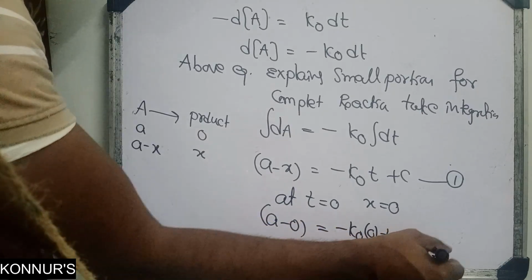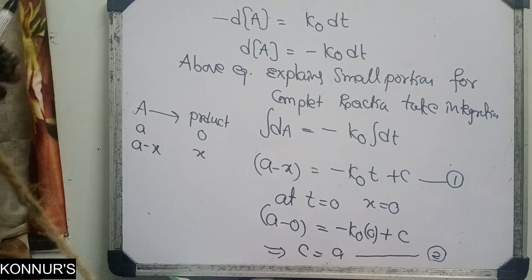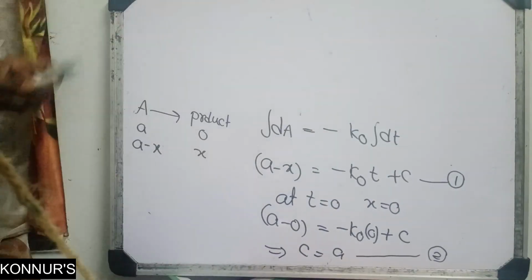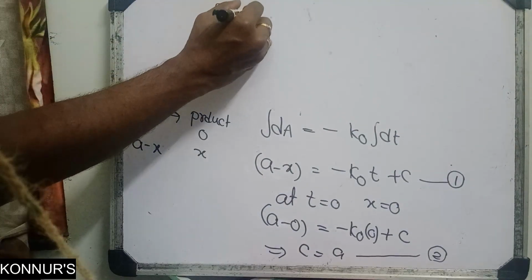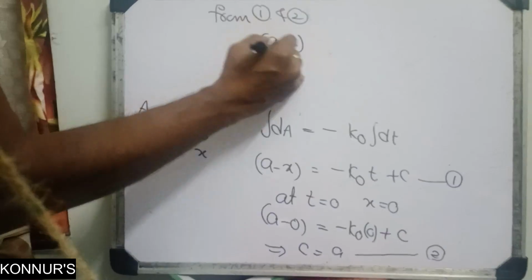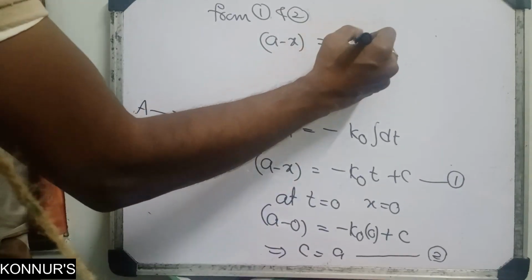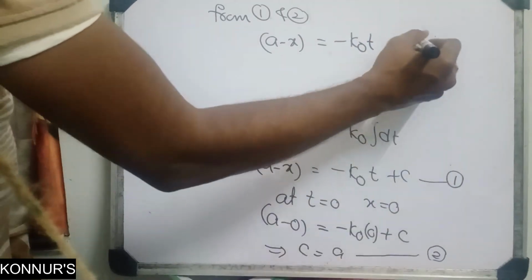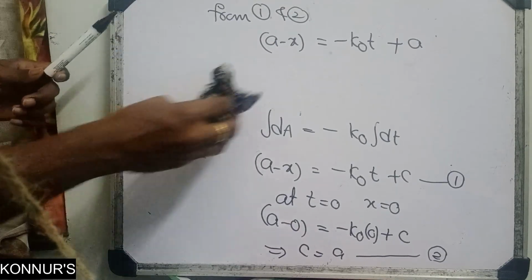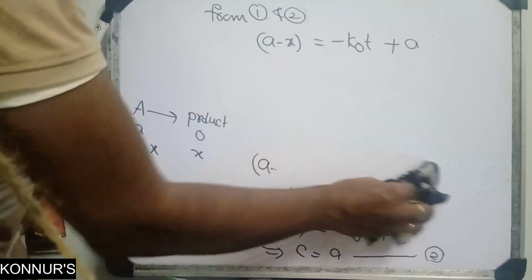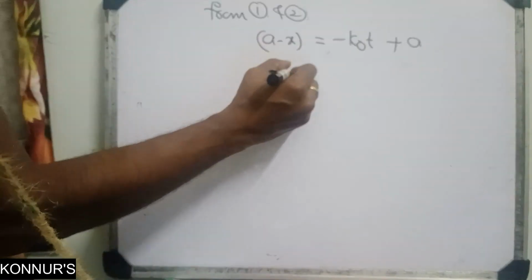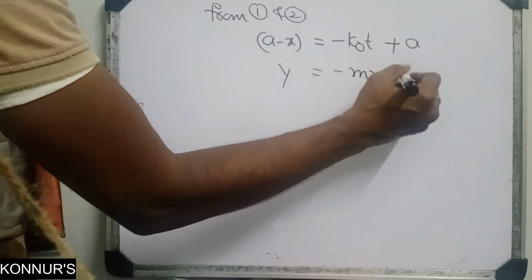So you take equation 2. From 1 and 2, A minus x equals minus k0 t plus A. So this is the complete equation. It looks like the graph y equals minus mx plus c.